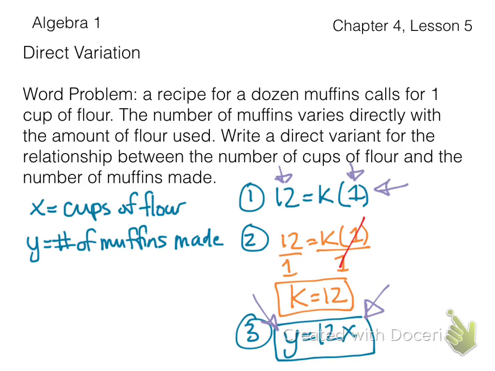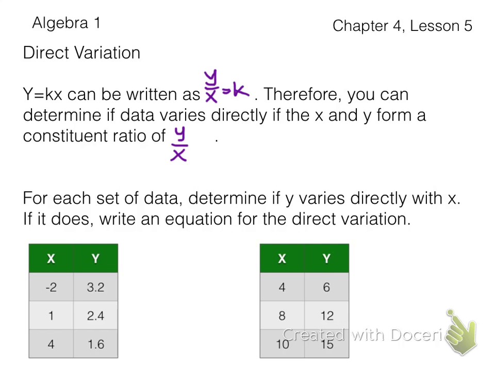Okay, moving on. So y equals kx can be written as y divided by x equals k, because if you just solve for k, you're dividing by x. Makes sense? Therefore, you can determine if data varies directly if x and y form a constant ratio of y over x.